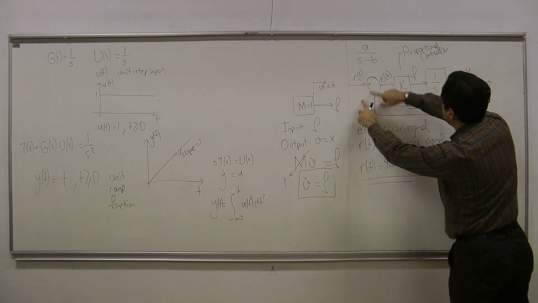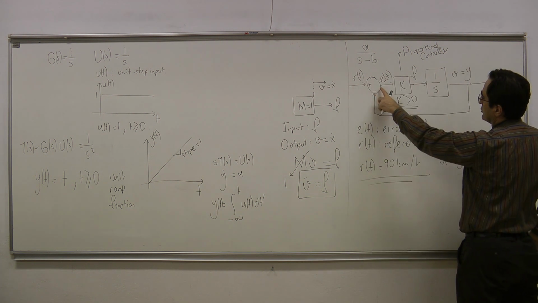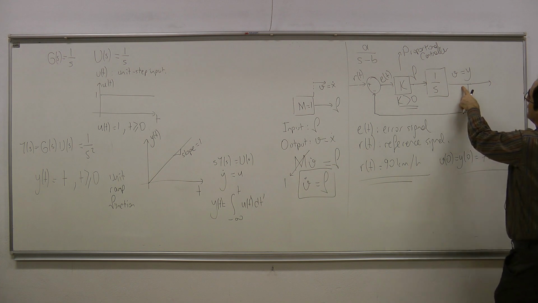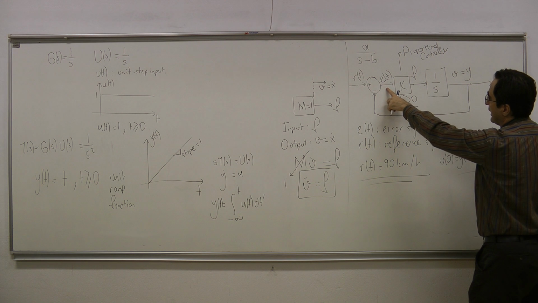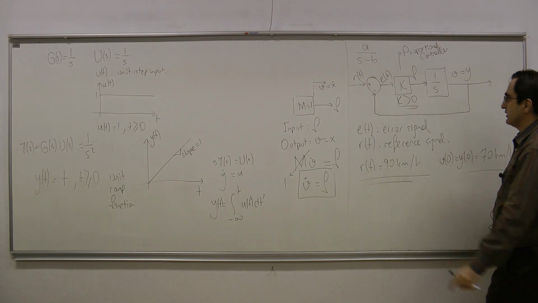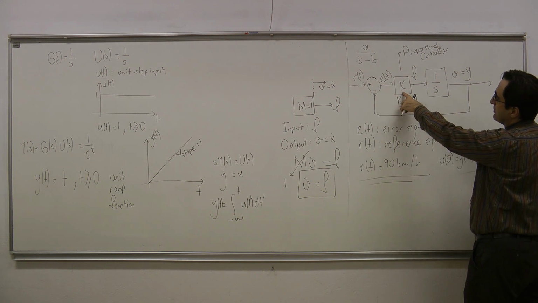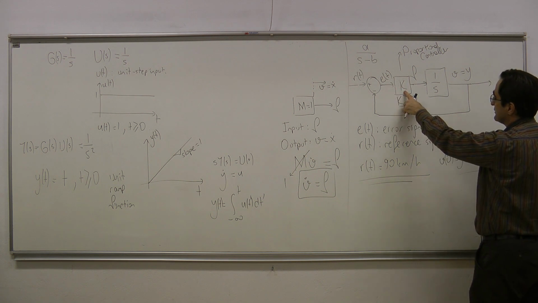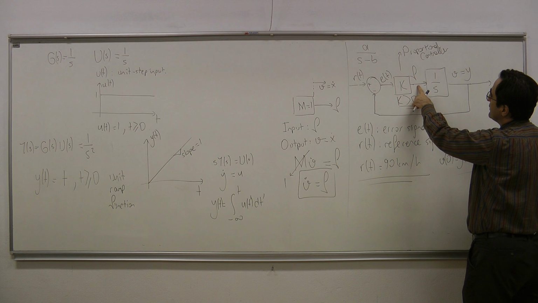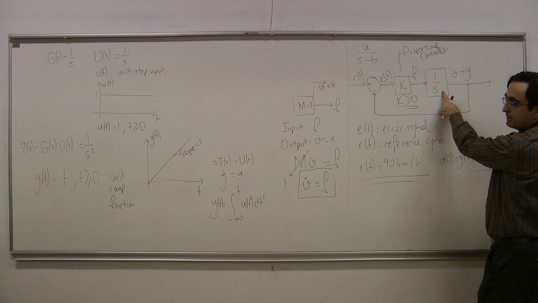And when I do this subtraction, the difference is going to be positive because the actual velocity is smaller than the reference velocity. So the error signal is going to be positive. It is going to be multiplied by k, which is a positive constant, and therefore I will apply a positive force onto the mass.